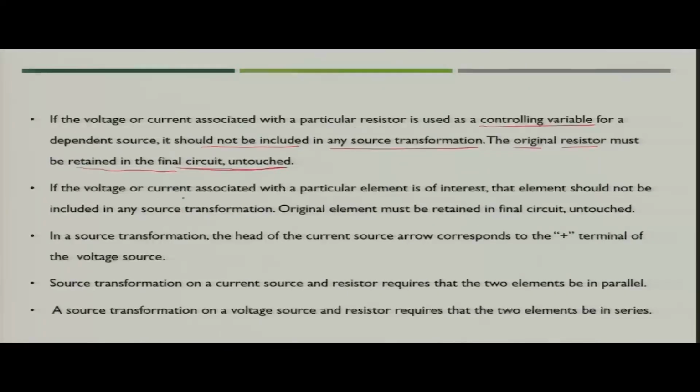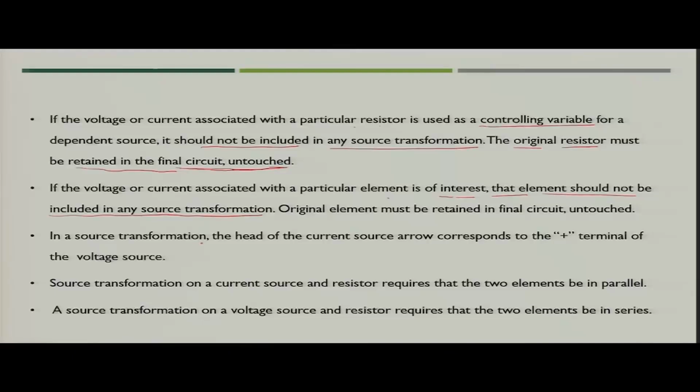If the voltage or current associated with a particular element is of interest, that element should not be included in any source transformation. So, suppose even if there is no dependent voltage or current source, but we want to find the voltage across an element or the current through that element, we will not use that element for any source transformation.